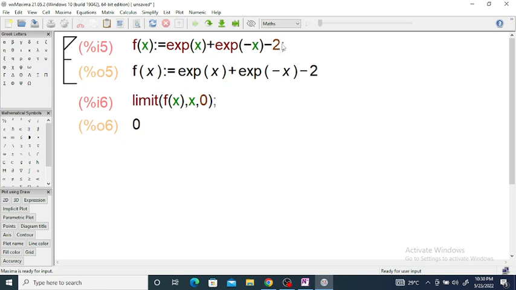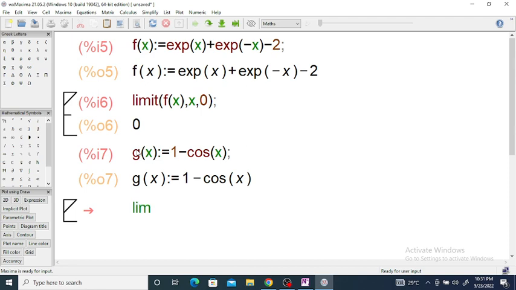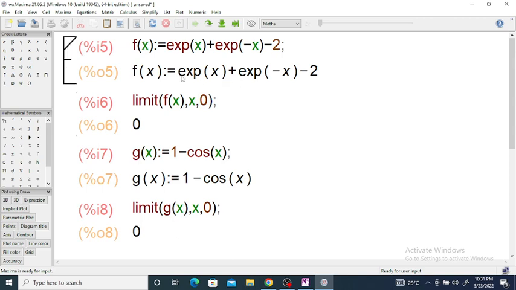Again it is divided by, suppose we take g of x equal to the given function 1 minus cos of x, and if you write the limit of g of x in the variable x with limiting point 0, then it is equal to 0. So you can find the limit of numerator and denominator separately, and you get 0 by 0 form.